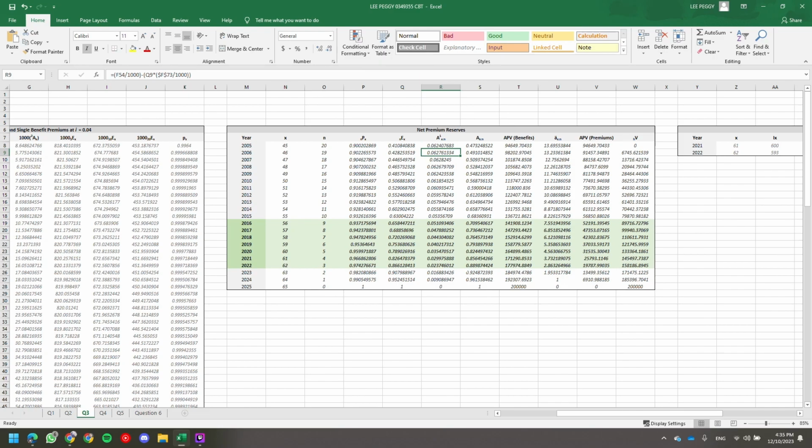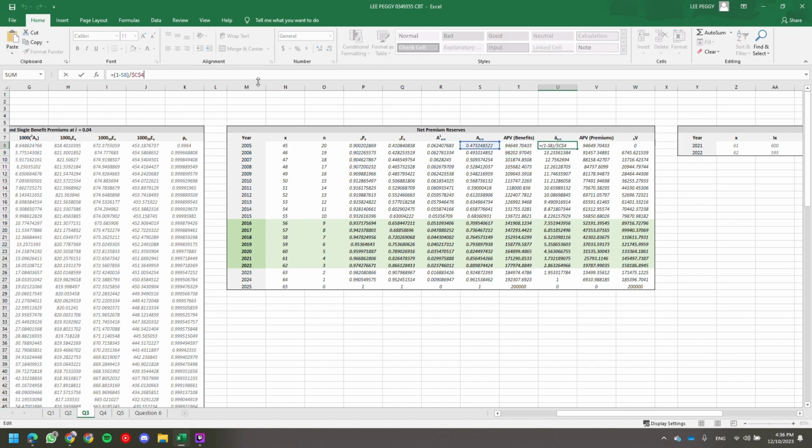Drag it all the way down to get all the values, and we can obtain A_XN by summing up these two values. After we have this, we can calculate the APV of benefits by multiplying this value by 200,000, which is provided by the question.